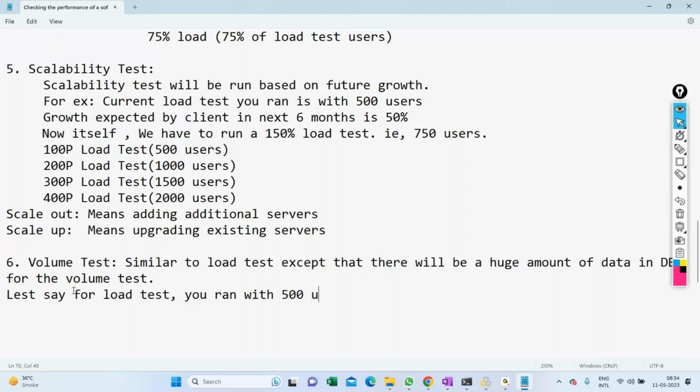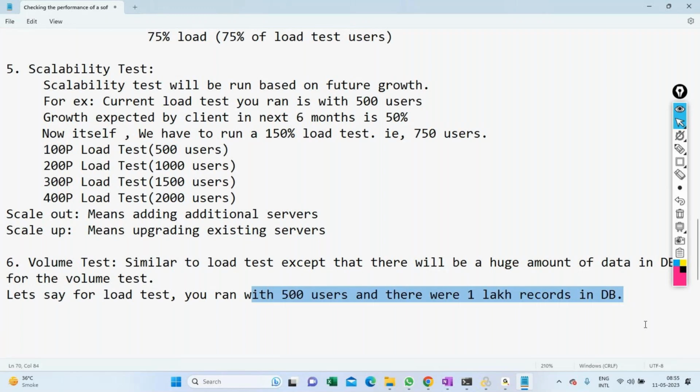But when you ran with 500 users, there were 1 lakh records in the database for that particular application.